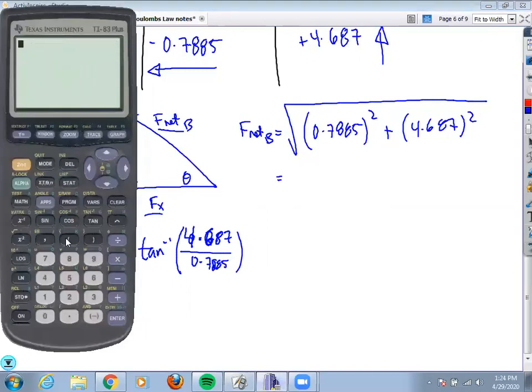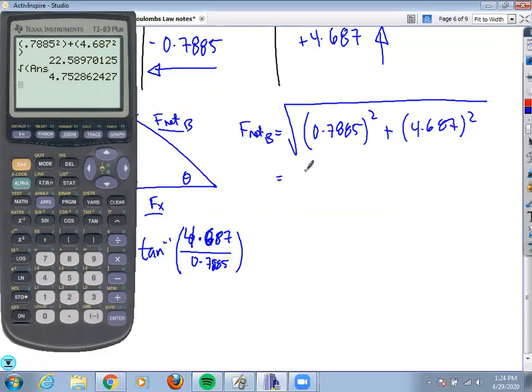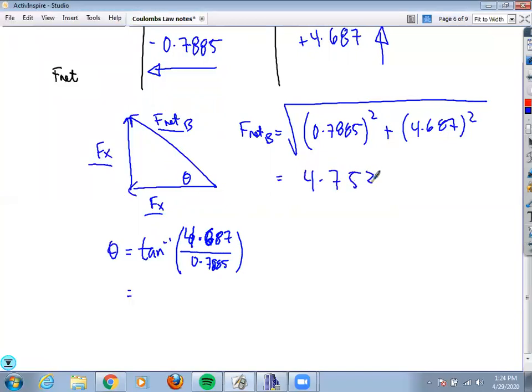So we'll get our magnitude first, 0.7885 squared plus 4.687 squared. Square root that. 4.753. Okay, so 4.753 newtons.